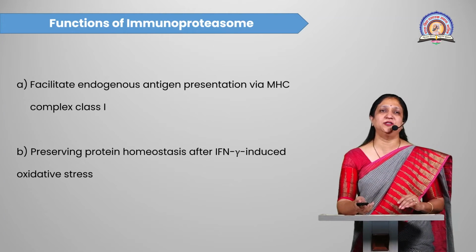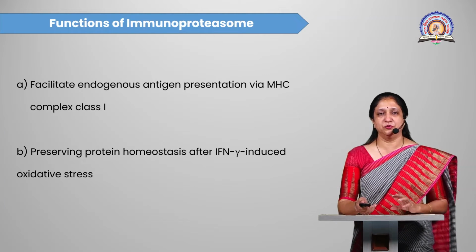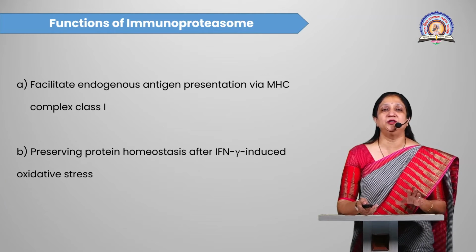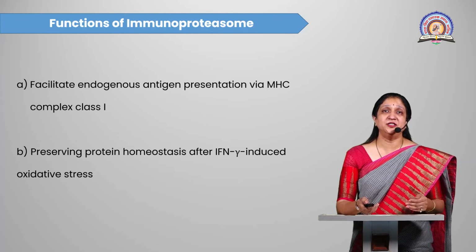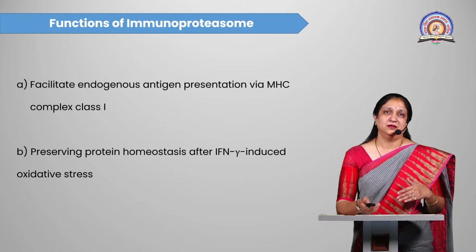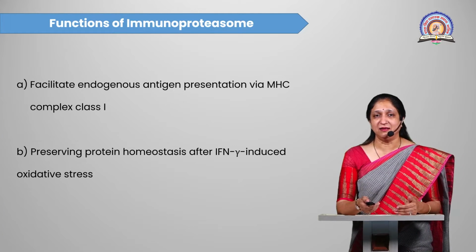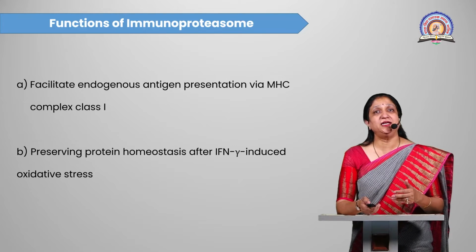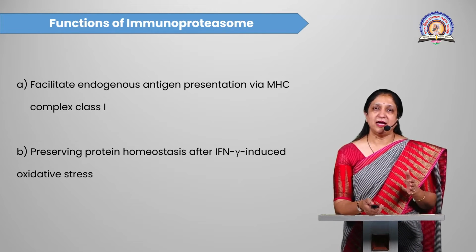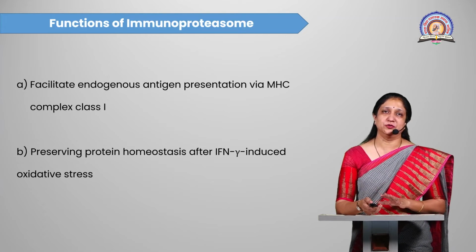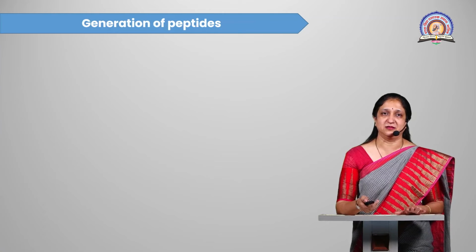The second important function that is performed by the immunoproteasome is to preserve the protein homeostasis. Because in presence of interferon gamma, there is an oxidative stress that is induced in the cell, due to which protein degradation occurs in a larger amount. And the immunoproteasome helps to maintain the protein homeostasis within the cell.